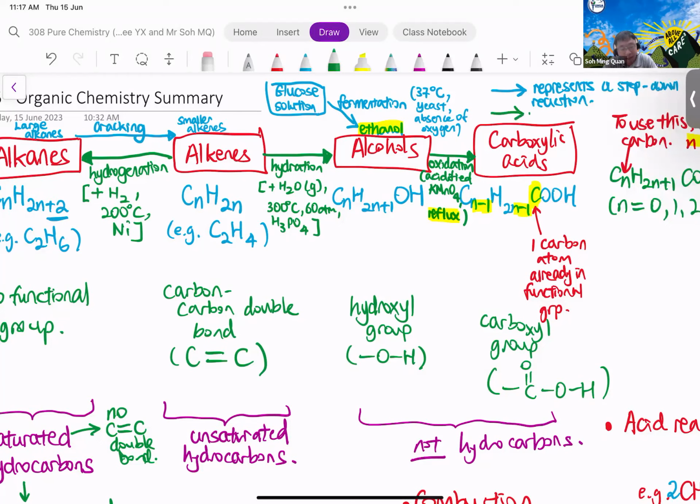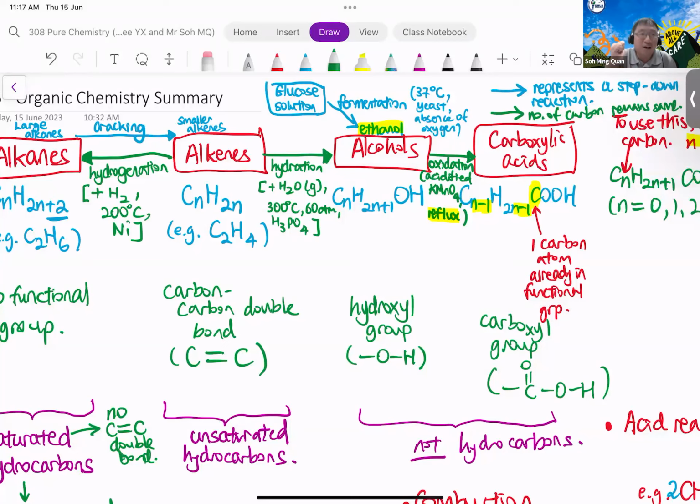Green color, the number of carbon remains the same. So in hydrogenation, hydration, oxidation, we do not change the number of carbon. All right? You do not change the number of carbon atoms.